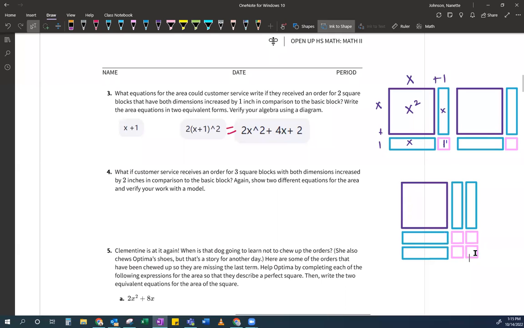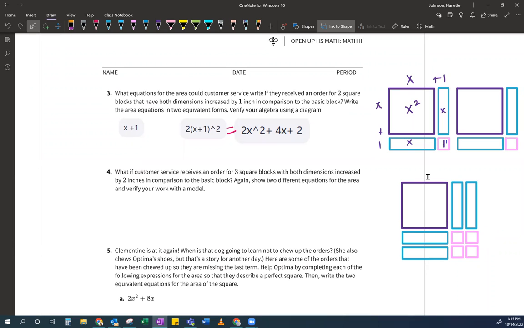Okay, so there's my 1 block, right? Increased by 2. Oh, no, no, no, sorry. I see what you're saying. No, no, no. Just this 1 block is increased by 2. 1, 2. A total, right? So how long is this side right here, you guys? How long is this side?